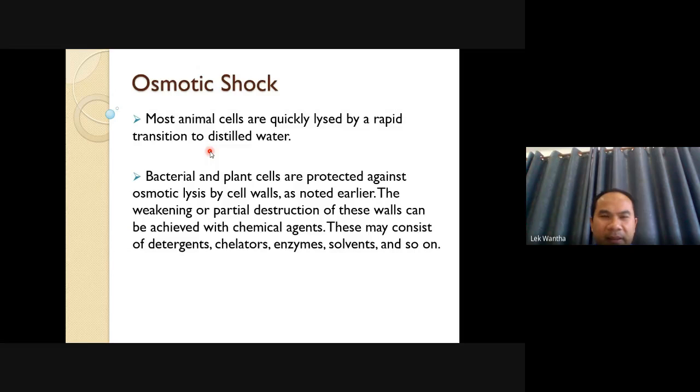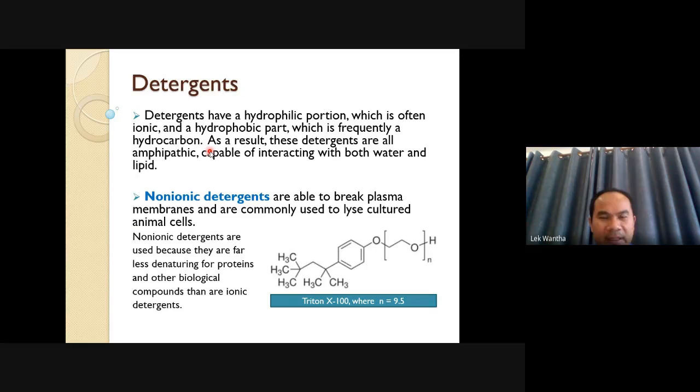The osmotic shock is better for most animal cells, like larger cells. But for bacteria or plant cells, osmotic shock is not best. You have to use another technique, like a chemical to dissolve the cell, or a mechanical technique, which is better for plant or bacteria cells.